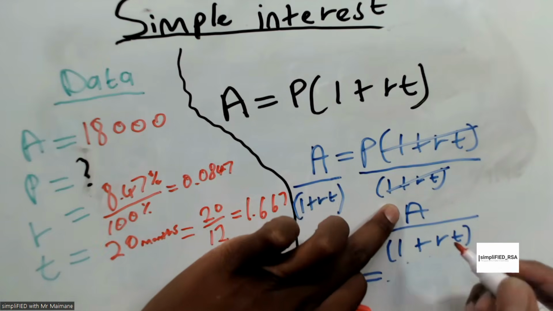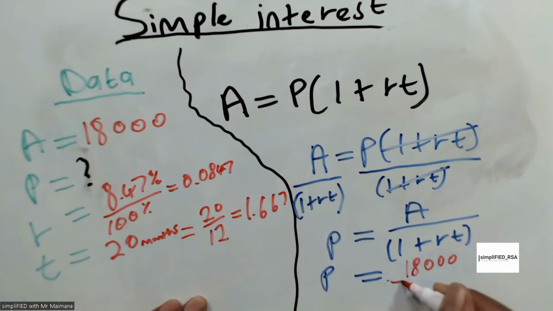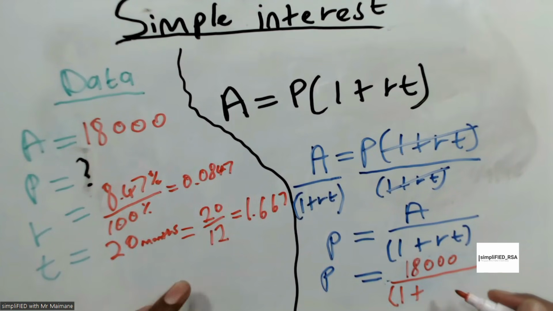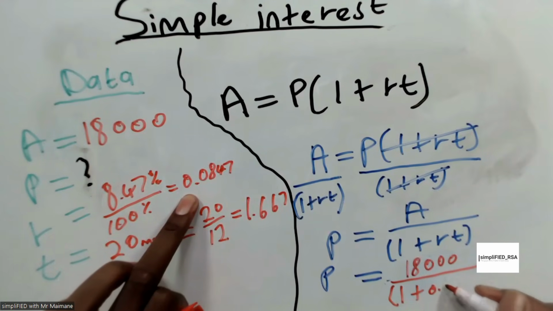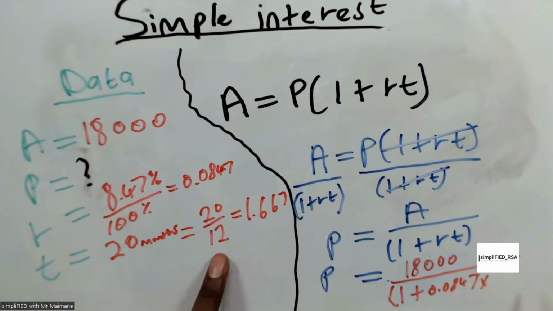A is 18,000. So 18,000 over 1 plus R, which is 0.0847 because I divided it by 100, multiplied by T. My T is 20 divided by 12, which is 1.667.